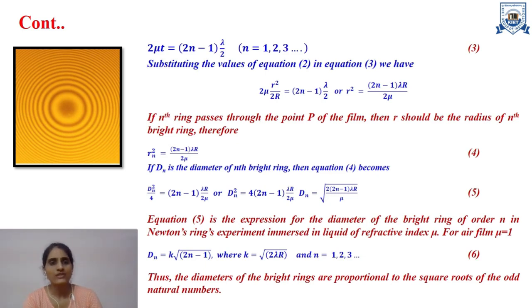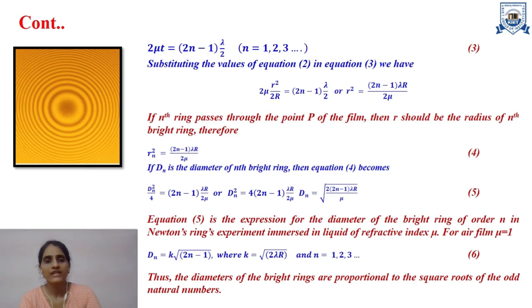So that equation is 2 mu t is equal to (2n minus 1) lambda by 2, where n starts from 1, 2, 3 and it goes on. Now we will substitute the value of equation 2nd, that is the equation of thickness, in our above stated equation 3rd, the condition of constructive interference pattern.